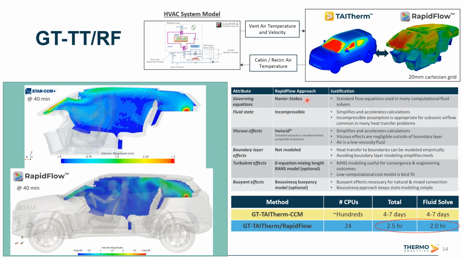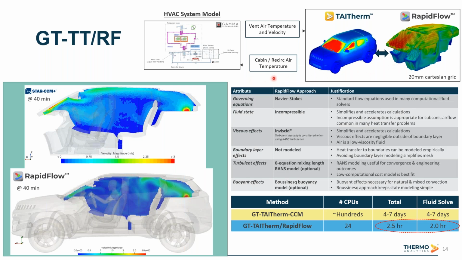Rapid flow is a Navier-Stokes-based solver, but it does have some simplifying assumptions to increase speed. The major ones are inviscid flow and empirical modeling of the boundary layer thermal effects. These assumptions allow rapid flow to run on a coarser grid. You can see the grid up here. It's a 20 millimeter Cartesian hex grid, and also with larger time steps.